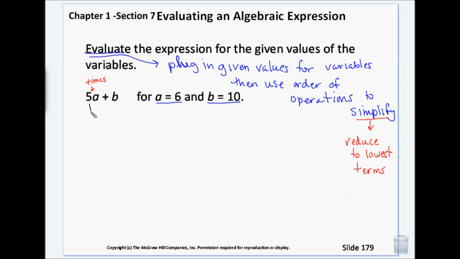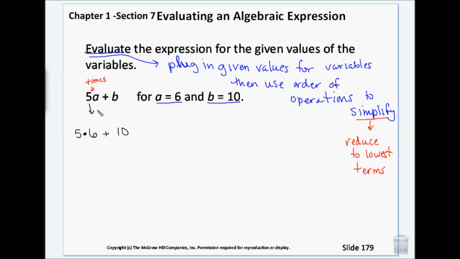So this becomes 5 times 6, plus b, well, b is 10. So I replaced the a with the 6 and I replaced the b with the 10.